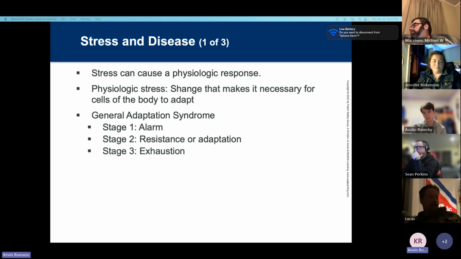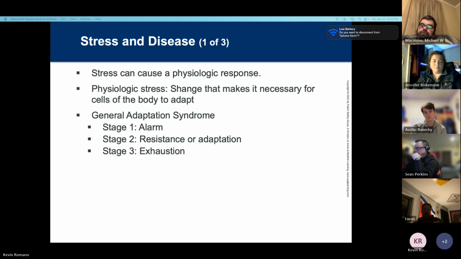The anterior pituitary releases adrenocorticotropic hormone, so ACTH, and endorphins are then released. Stage 3 is exhaustion, where the adrenal glands become depleted, decreasing the blood glucose levels, resulting in decreased stress tolerance, progressive mental and physical exhaustion, illness, and collapse.